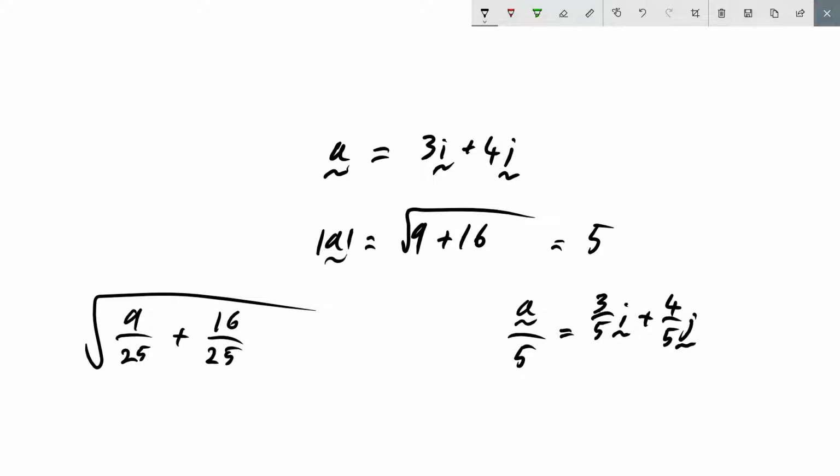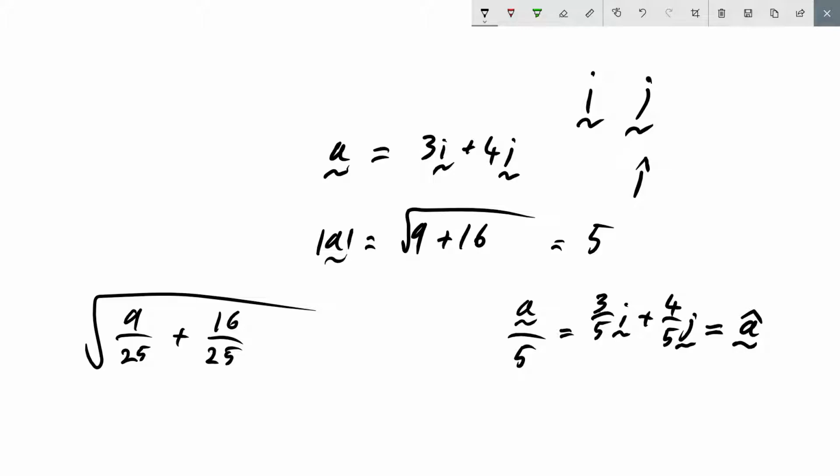So we have a special notation for this. We say that this is equal to the unit a vector. This little arrow thing on top is just what we call a hat, and what that means is that it is a unit vector. Now, we don't necessarily need to put a hat on the i and j vectors, but we can if we really wanted to.